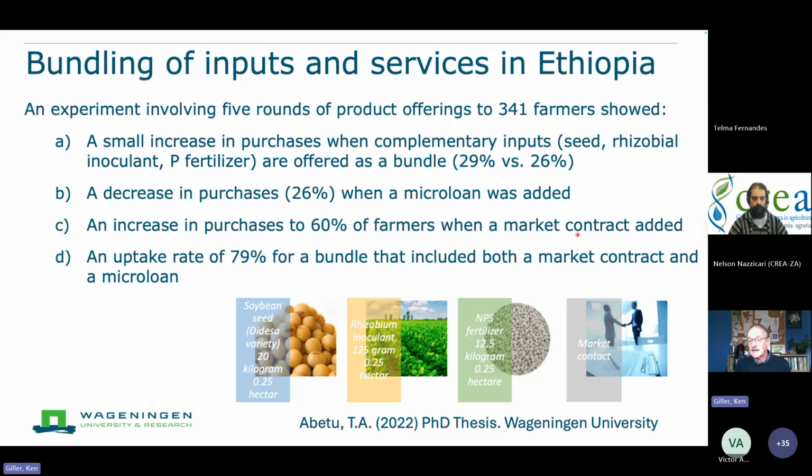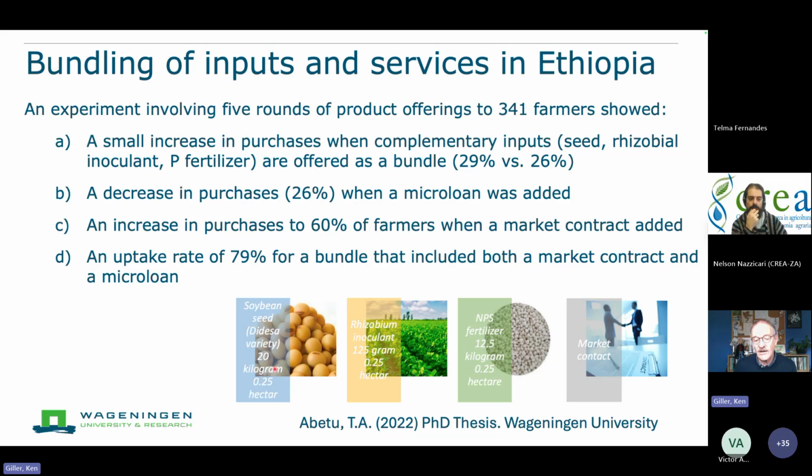But when we added a market contract, then up to 60% of the farmers bought the bundle. And then putting in both microloans and the market contract increased the uptake to 80%.